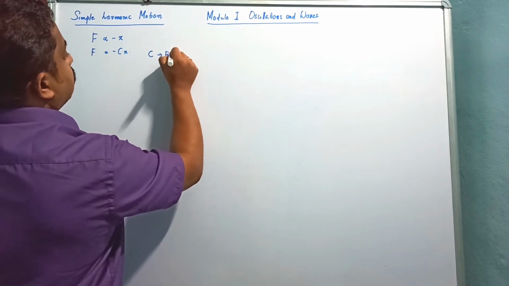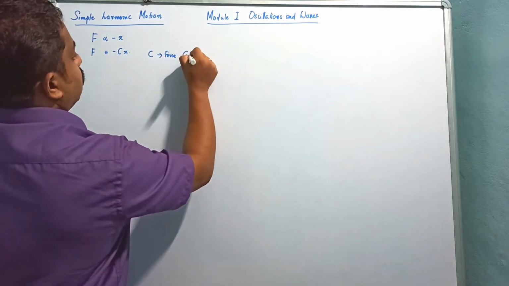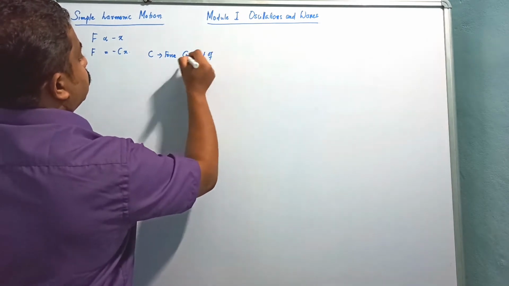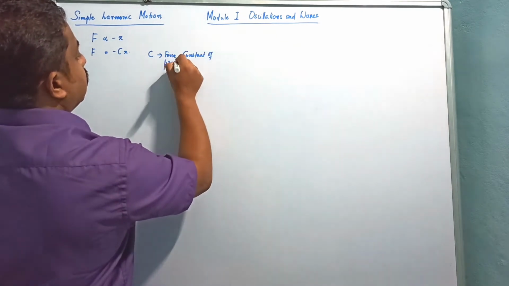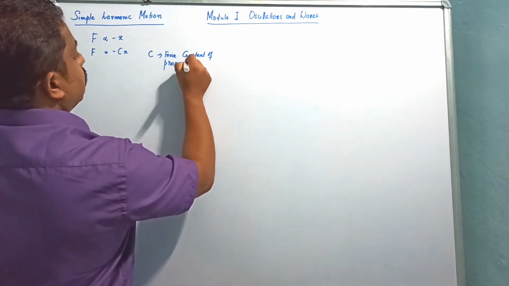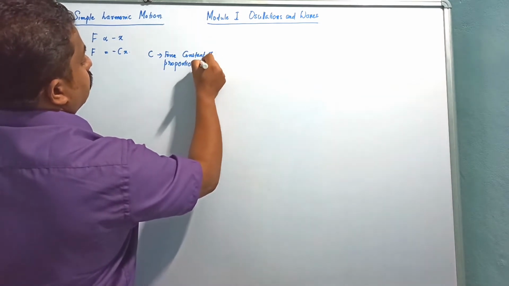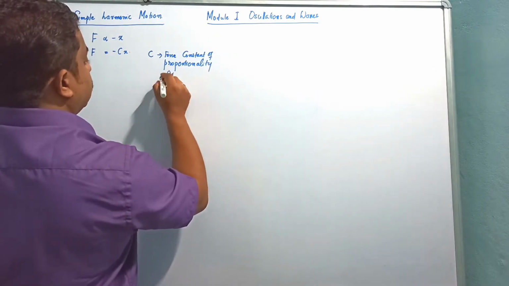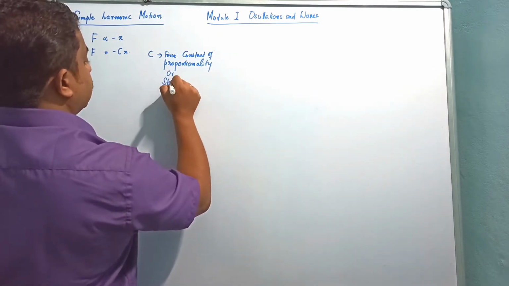This C is called the force constant of proportionality, or spring constant, or stiffness constant.